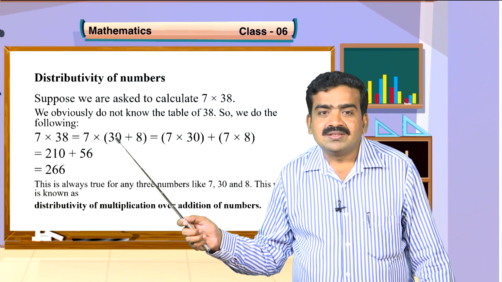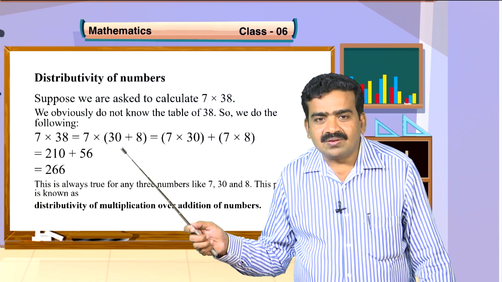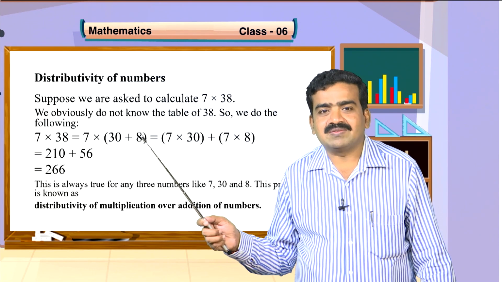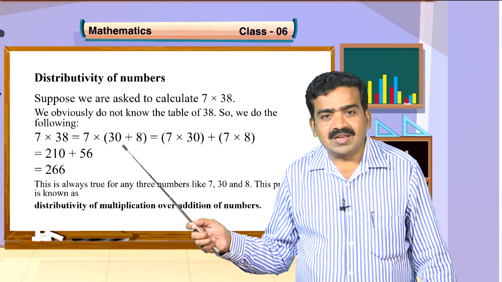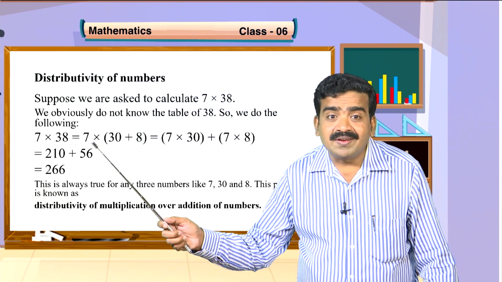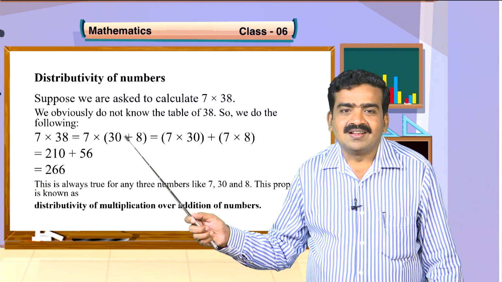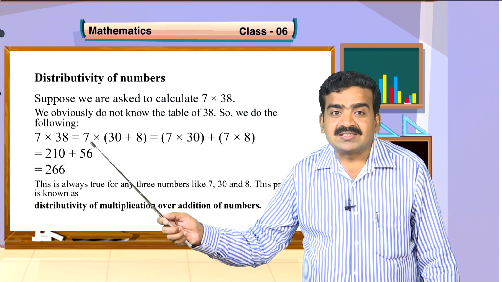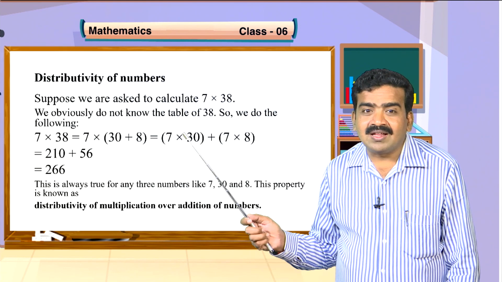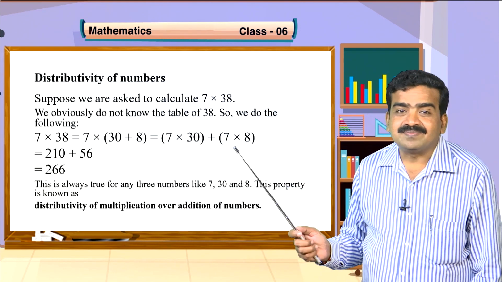So we can split 38 into 30 plus 8. We know the table of 3 as well as the table of 8, so with the help of this we can simplify. Now I am distributing 7 to this 30 as well as this 8. How am I distributing? 7 into 30 plus 7 into 8.